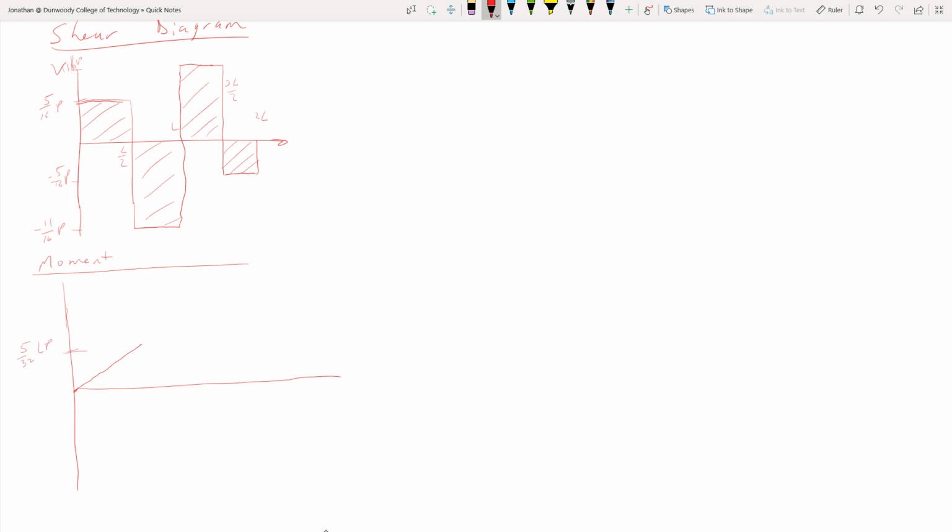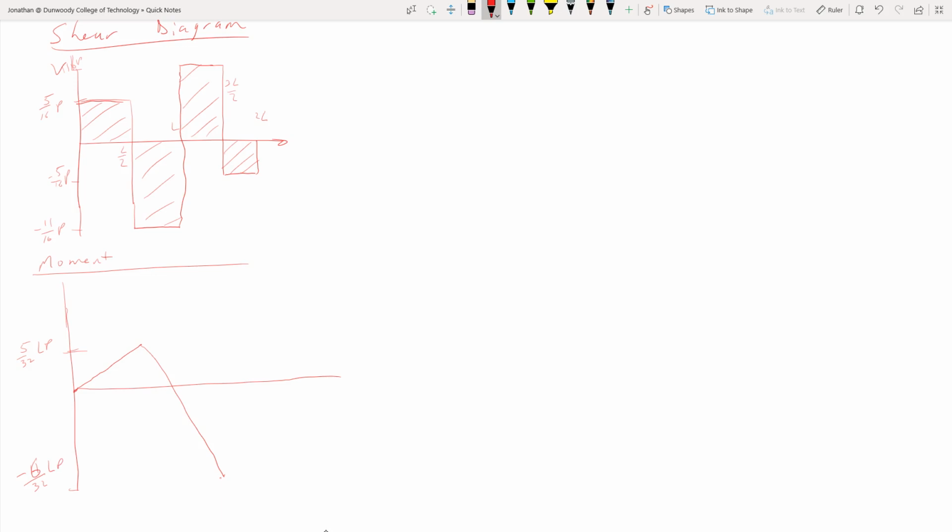At that point. And then we're going to change. We drop. Our slope is going to go higher. And now we go negative 11/16 times L over 2. So what is that? Negative 11/32. It's going to be our change. So it's going to be negative 6/32 LP at that point.